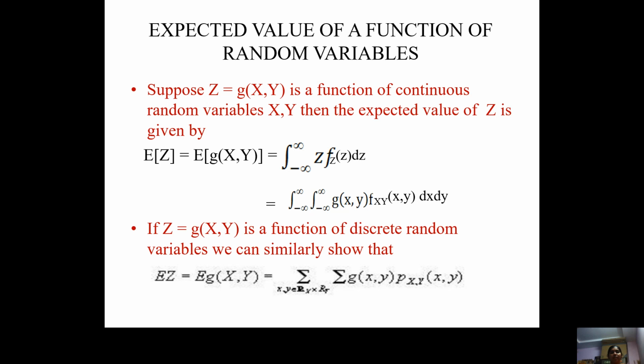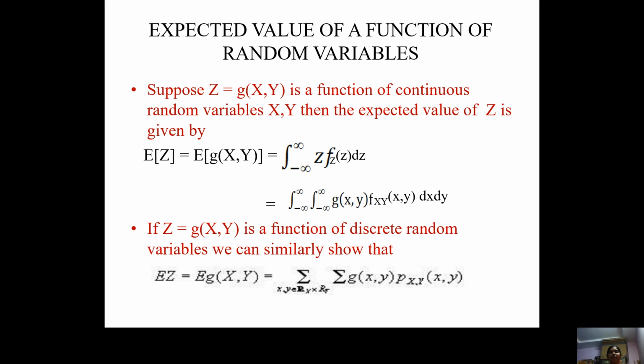Since here we are discussing two random variables which are jointly distributed, this expression can again be written as a double integral from minus infinity to infinity. Why have we taken two integrals here? Because x and y are two random variables, and they are jointly distributed.